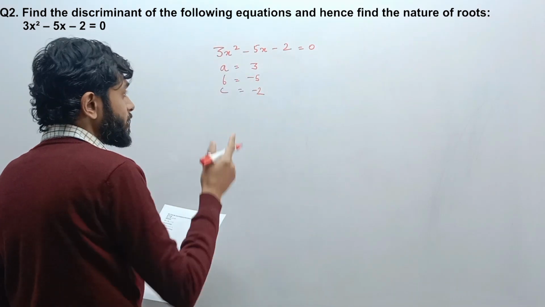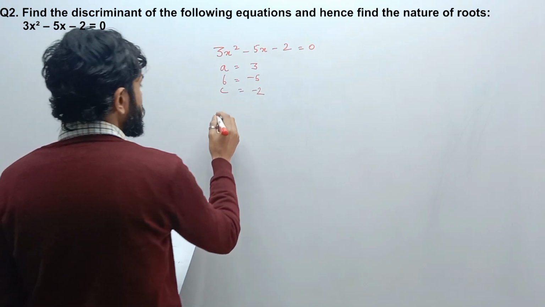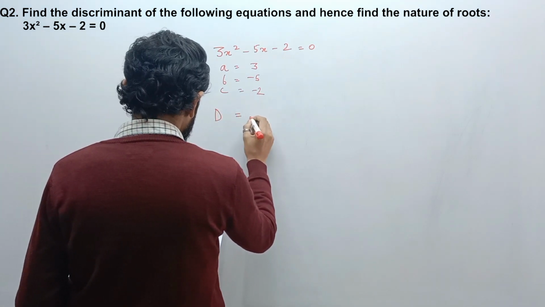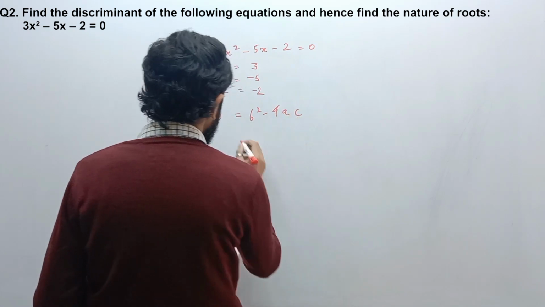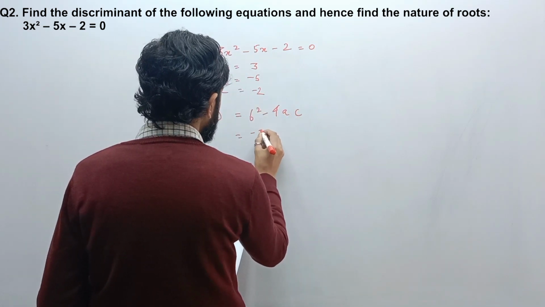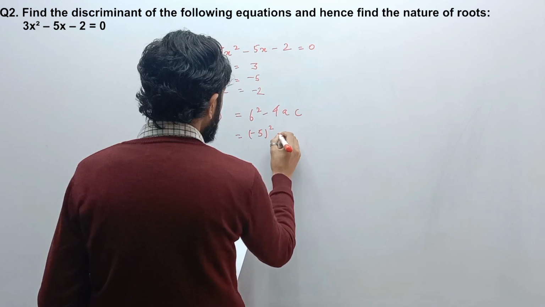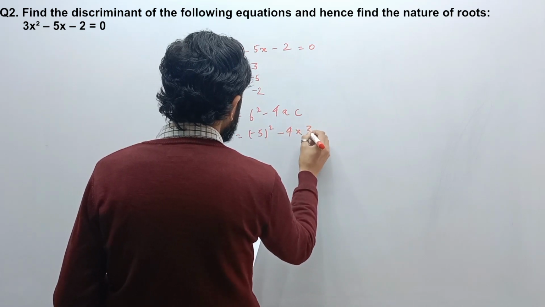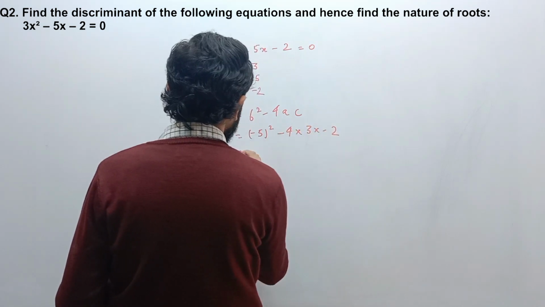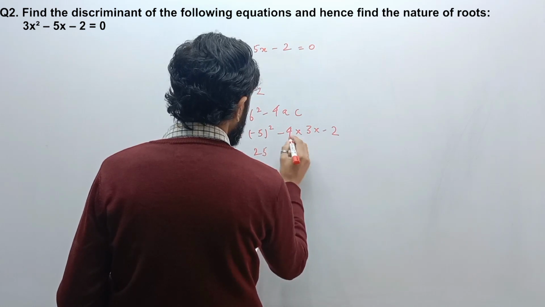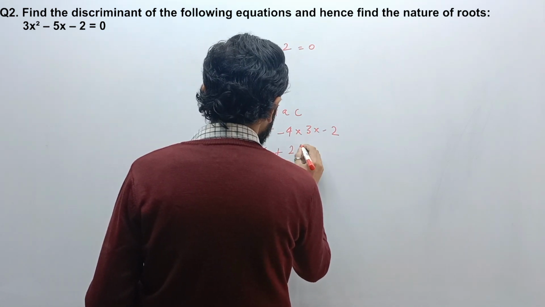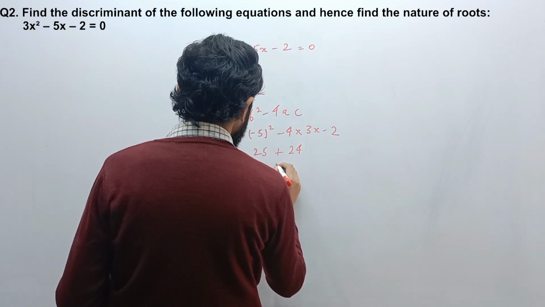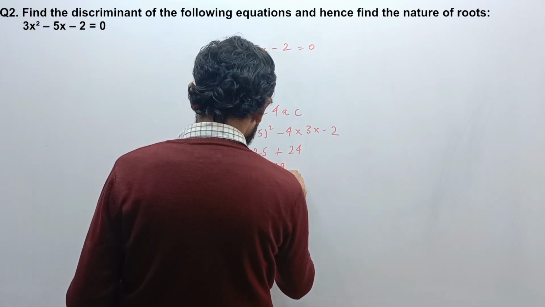Now to find the nature of the roots, first and foremost you have to find the discriminant. So d is b square minus 4ac. Now here in this case, b square will be minus 5 square, minus 4 into 3 into minus 2. So it will become 25 and plus 3 fours are 12, 2 twelves are 24, so it will be 49.